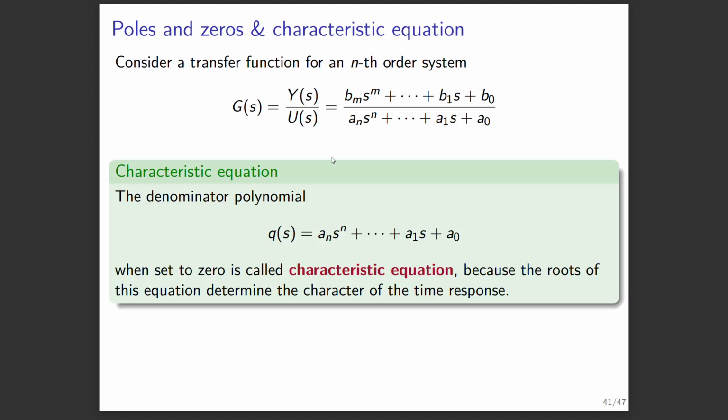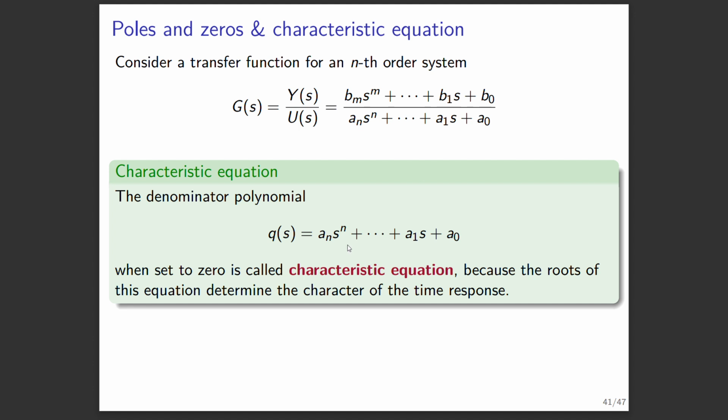Okay, now I want to define what poles, zeros, and characteristic equation of a system are. If I have the transfer function of a system, the polynomial in the denominator is called the characteristic equation.